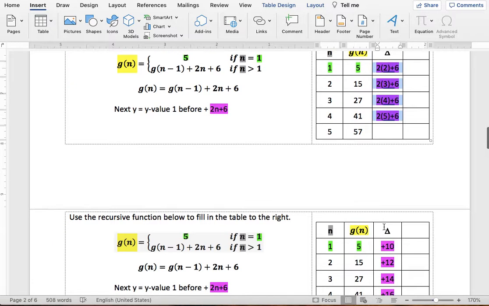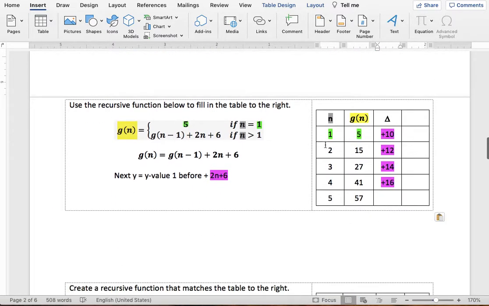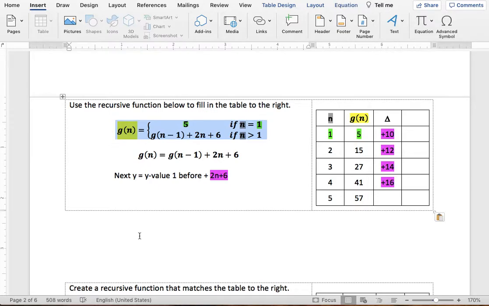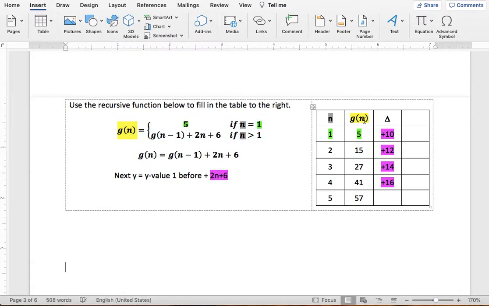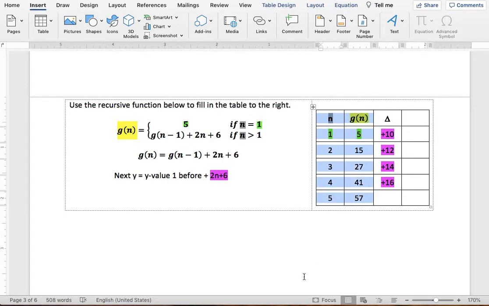So I basically just went from a recursive equation to a table of values. Once again though, this video is about going from table of values to recursive equation. Let's see how we do that.